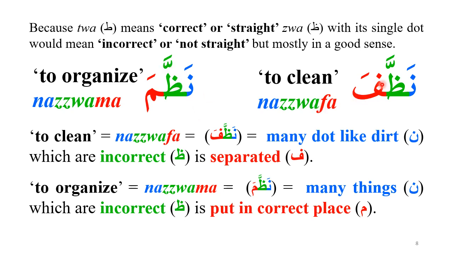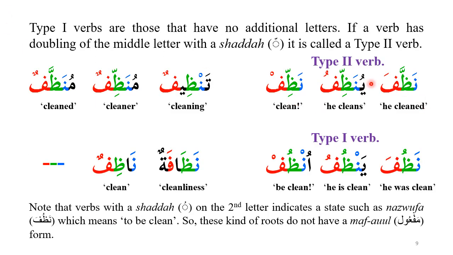Also notice that this nazzafa and nazzama is a bit different. This is called a type 2 verb, which we'll discuss very shortly. But notice there is a shadda on the second letter. This kind of verb would mean a type 2 verb. So you see, the type 2 verb is characterized by shadda on the second letter.